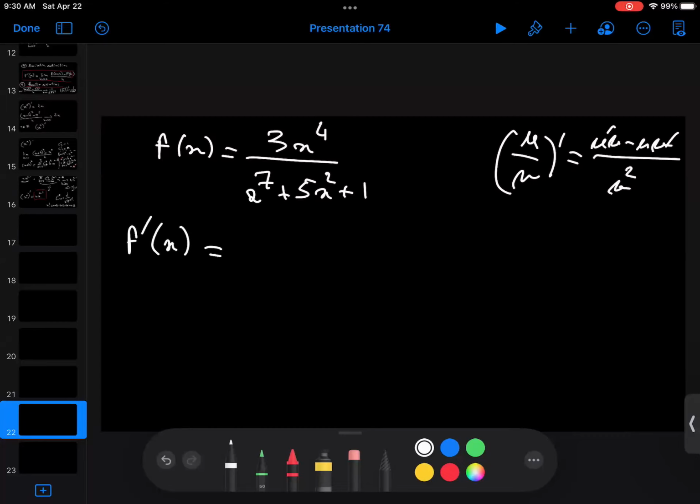I need to compute this derivative: it is 12x^3 times v, which is this function.